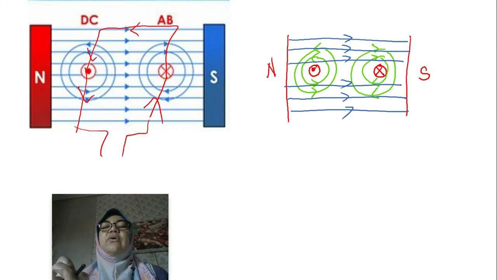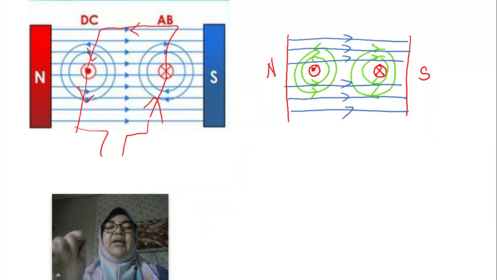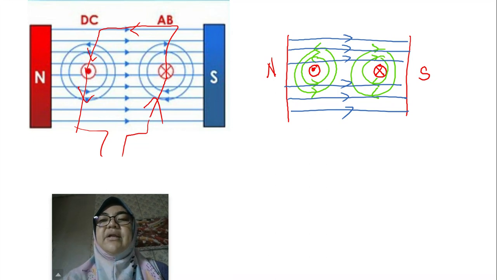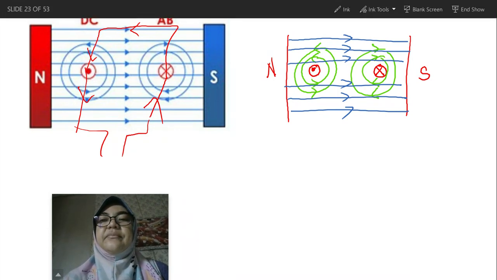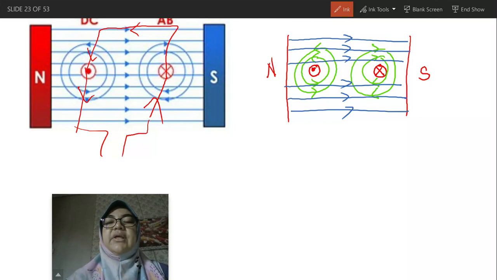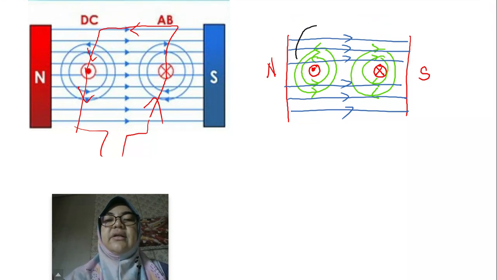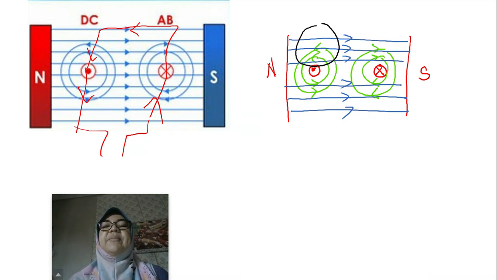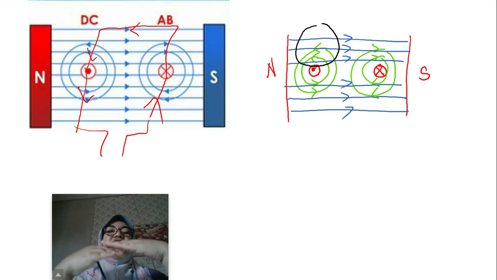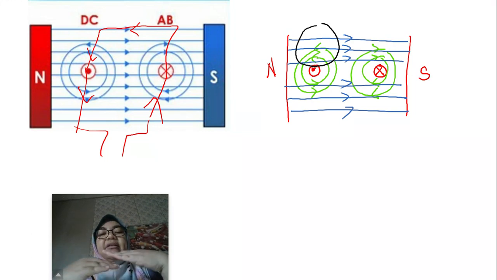Okay, so now let's focus on 4 parts. The first part is on the upper part of the left. Let's look at the direction of the magnetic field. On the left top, the number of magnetic field lines will reduce because we have two opposite directions of magnetic field.